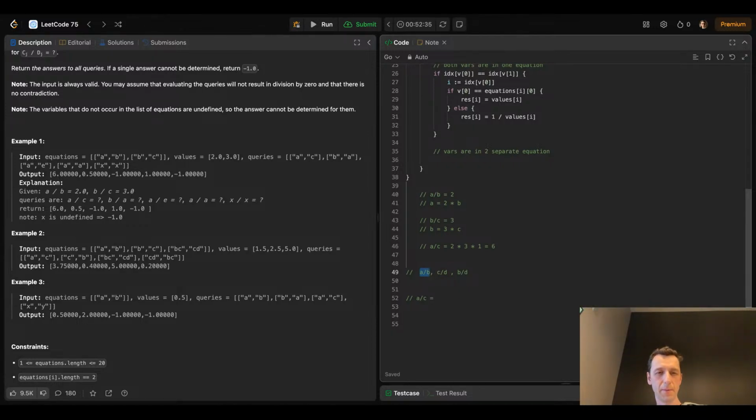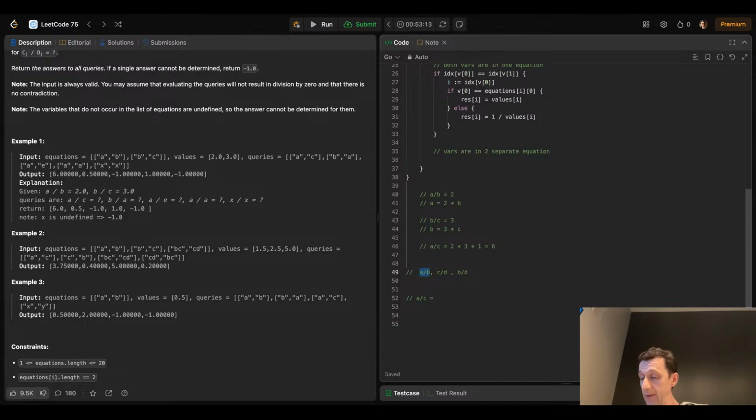But it could be more interesting, like in this case, where we have A, B, C, D, B, D. In this case, we know that A is connected to B. A is not connected to anything else. It could be, but it's not.